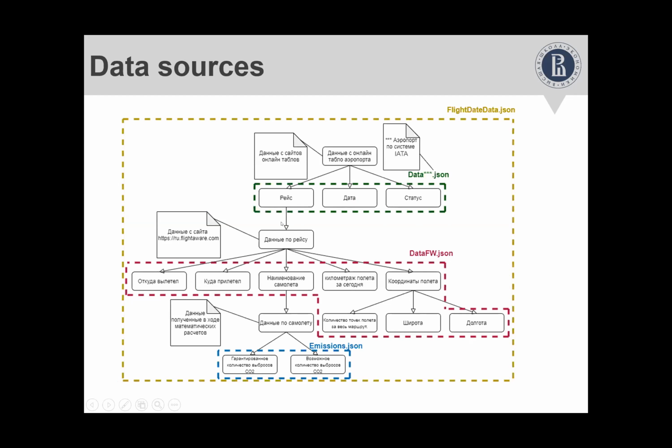Then if we know the flights, we can find the data about the flight: from where, the name of the airplane, the model, Airbus, Boeing, or another one, the kilometers this airplane has already passed that day, and coordinates. If we know coordinates, we know how many longitude and altitude points we have.